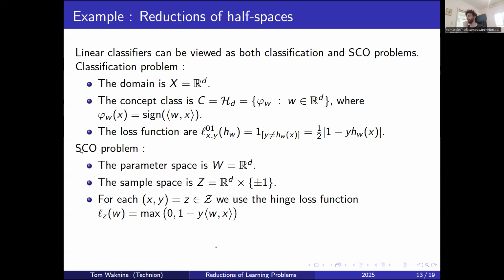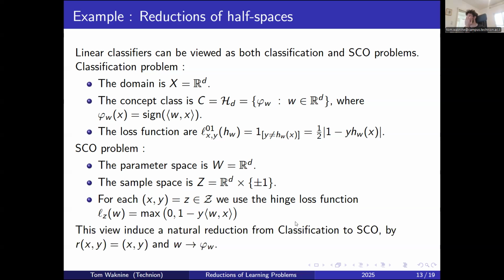As an SCO problem, we saw something very similar. The parameter space was R^d, which is already promising, and the sample space was R^d cross plus-minus one, which is essentially X cross plus-minus one. This is good. And the loss function was the hinge loss function.